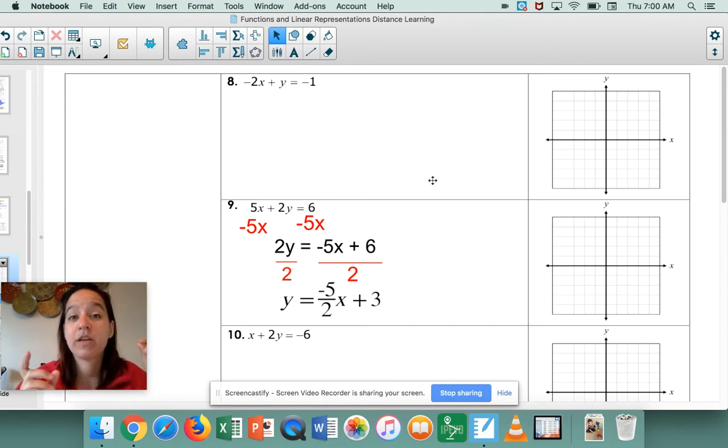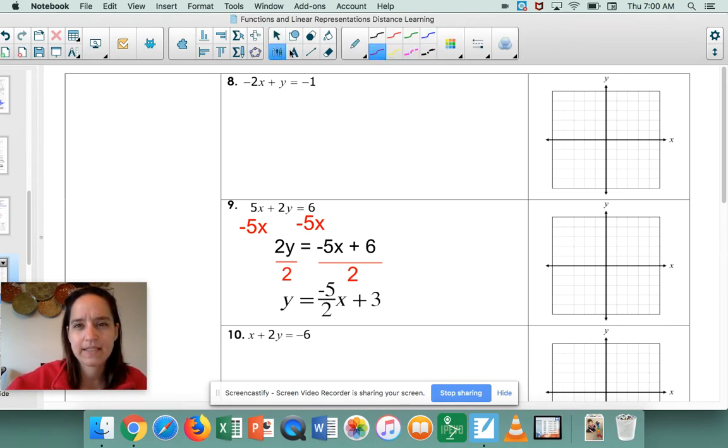So now I'm going to go ahead and take that and graph it. So I'm going to think, how do I graph? Well, 3 means something. 3 means that's where I'm supposed to put where it crosses the y-intercept. So I'm going to go to 1, 2, 3, dot. Okay? And then I'm going to look at negative 5 over 2.